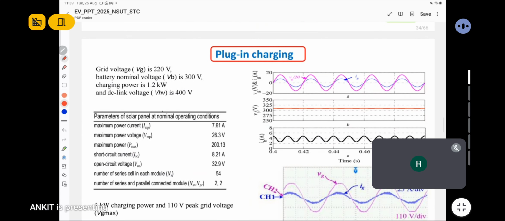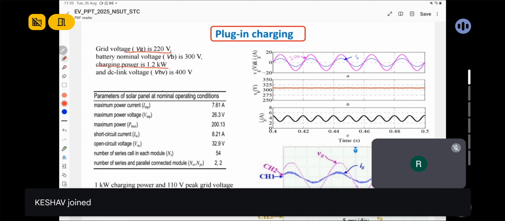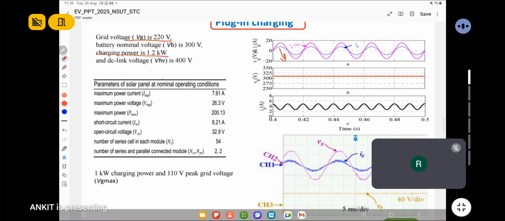So now I will come to the result part. Here the grid voltage is taken as 220 volt and the charging power is 1.2 kilowatt. While charging, one of the objectives is to maintain the grid voltage and grid current sinusoidal in shape, as well as in phase with each other.